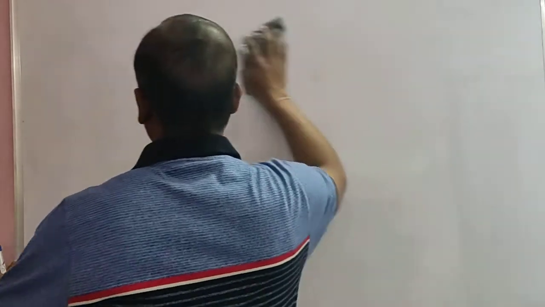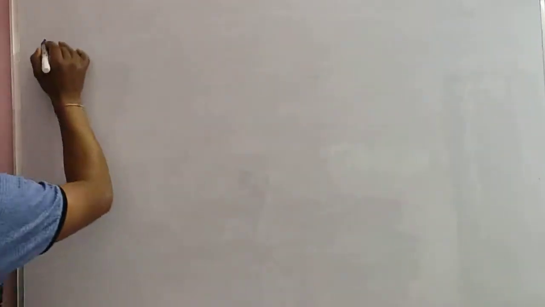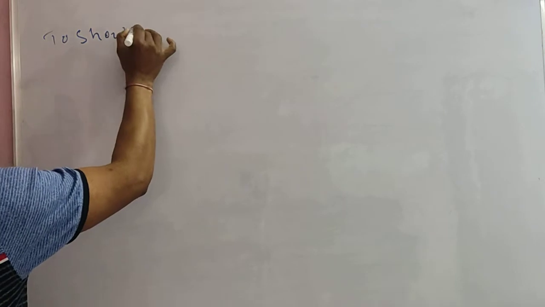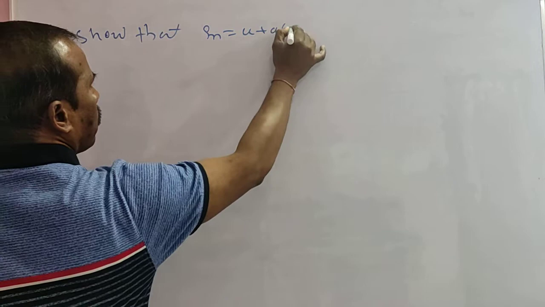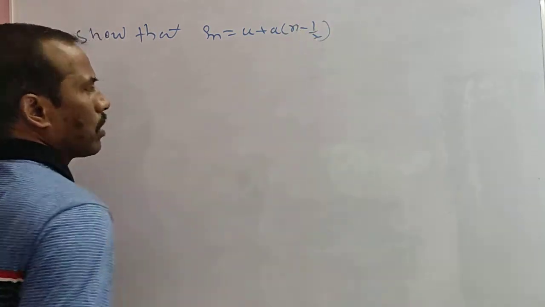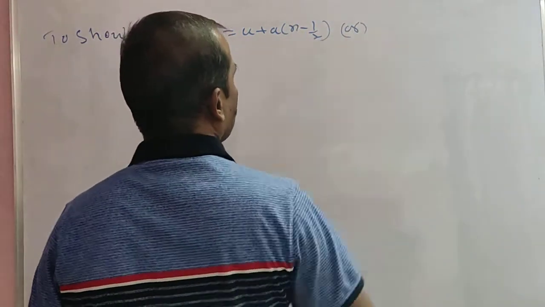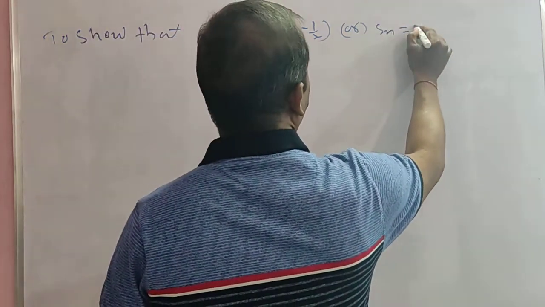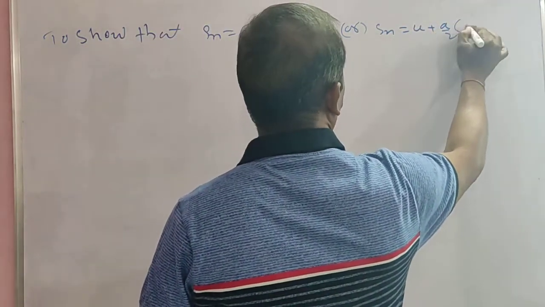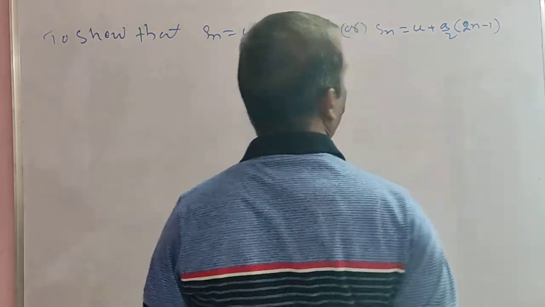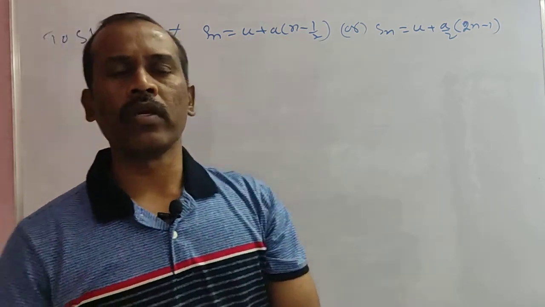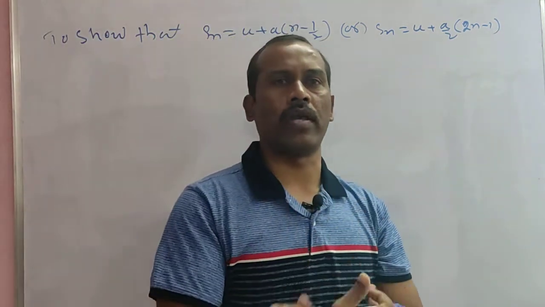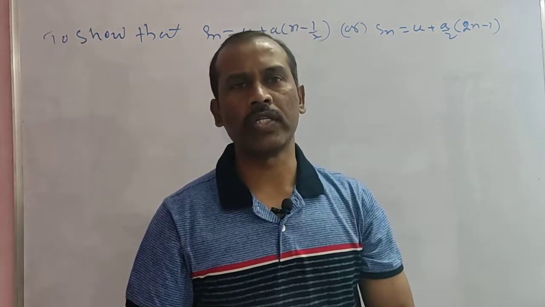Show that Sn is equal to u plus a into (n minus 1) by 2, or Sn is equal to u plus a by 2 into (2n minus 1). First of all, the particle is moving along a straight line with uniform acceleration a.